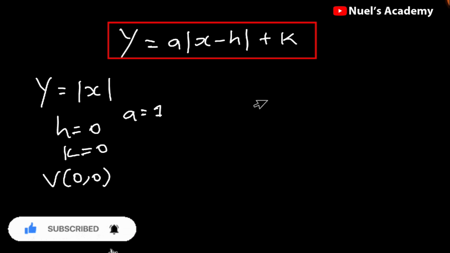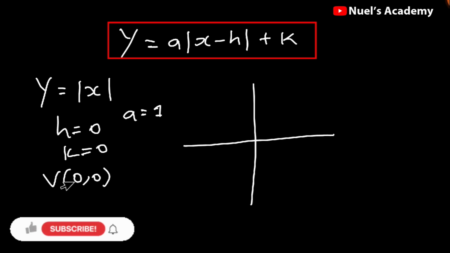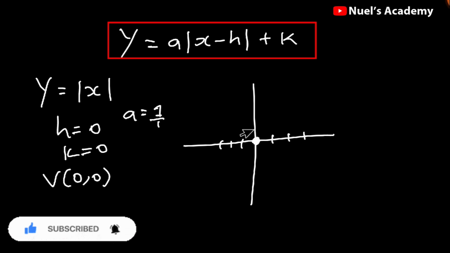Now if you graph this function, the vertex is 0, 0, which is at this point, and then the slope is equal to 1, and 1 is the same thing as 1 over 1. That is rise over run. So we're going to move 1 to the right and 1 up, 1 to the right and 1 up.